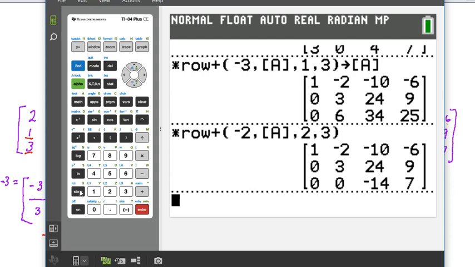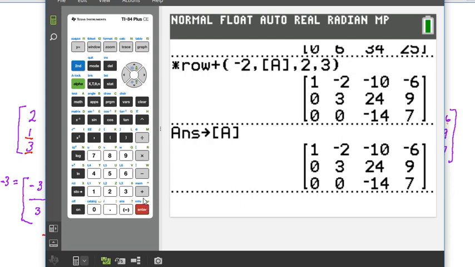If I just hit second answer, I want that stored back in matrix A. I will now have maintained it without having to recalculate it or redo it.